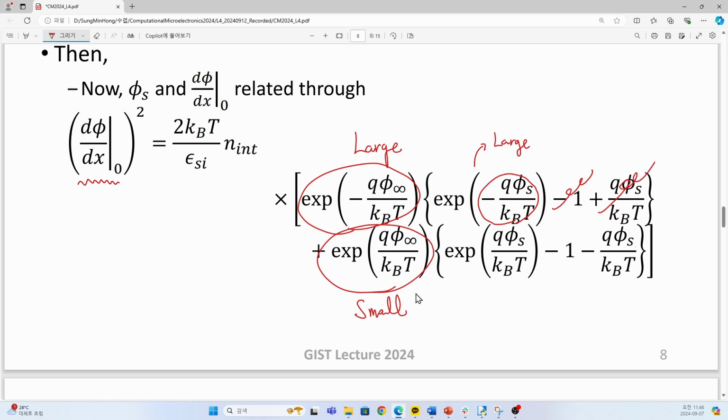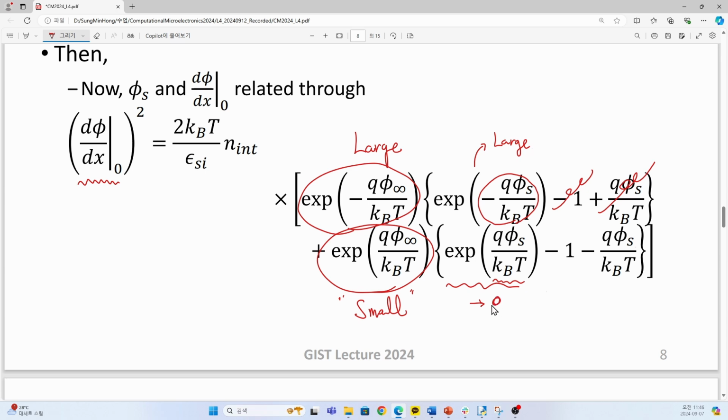And also, this second term doesn't play any role because the leading coefficient is so small, and for a negative input argument this exponential just approaches 0.